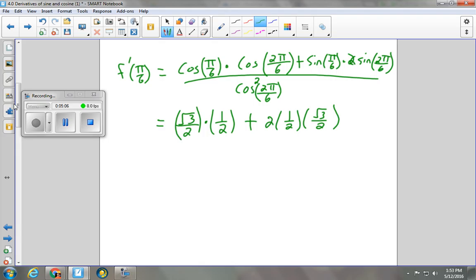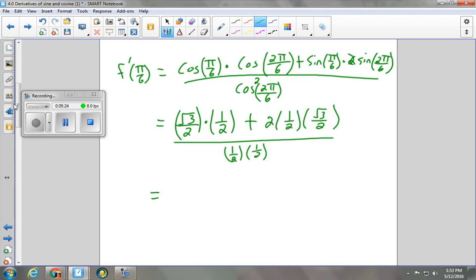All over, it would end up being a half times a half, right? Cos of 2 pi over 6 is a half, and it's squared. How do you get rid of all this?